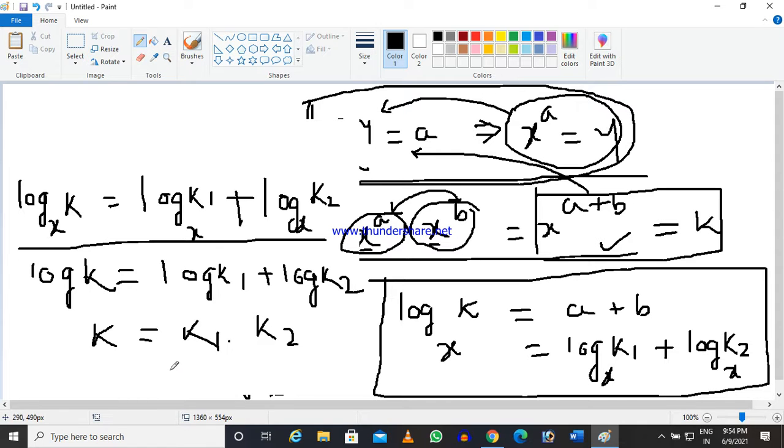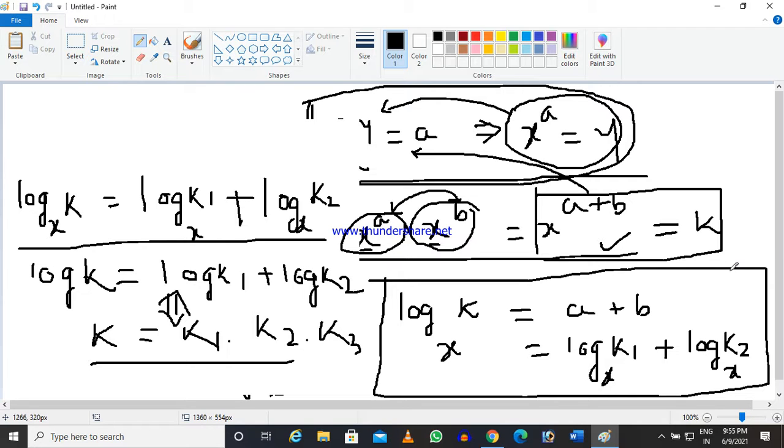So from there I can infer, if k is equal to k1 into k2, then log k is equal to log k1 plus log k2. That means if there is a product, so similarly if it is k1, k2, k3, k4 up to kn, I can write log k is equal to log k1 plus log k2 plus log k3 and so on.